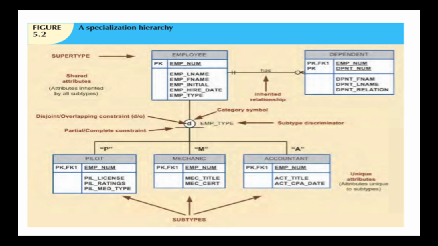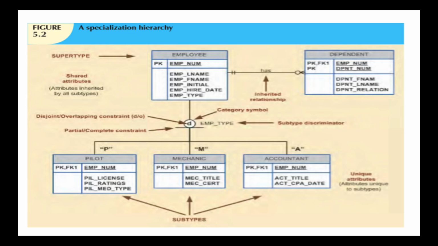Coming to all the attributes and all the relationships of the supertype, one more point is that all the subtypes, pilot, mechanic, and accountant, inherit all the attributes and relationships from the entity supertype employee.